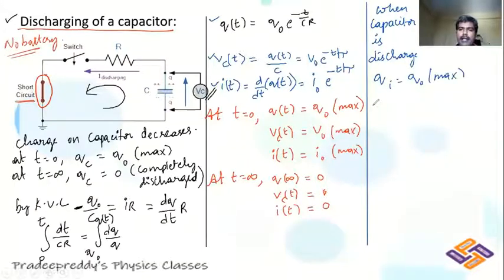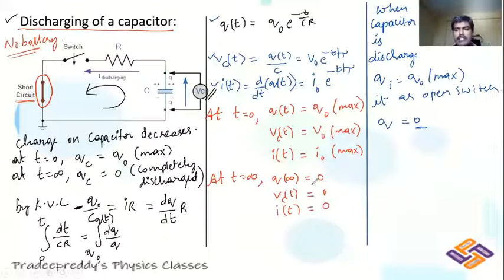Therefore, it acts as an open switch. Now, when you switch on this tap key, initially it acts as an open switch, but as time passes on, it acts as a wire. Remember that. Q will be equal to 0, so charge on it will be completely 0. Therefore, it acts as a wire after an infinite amount of time.